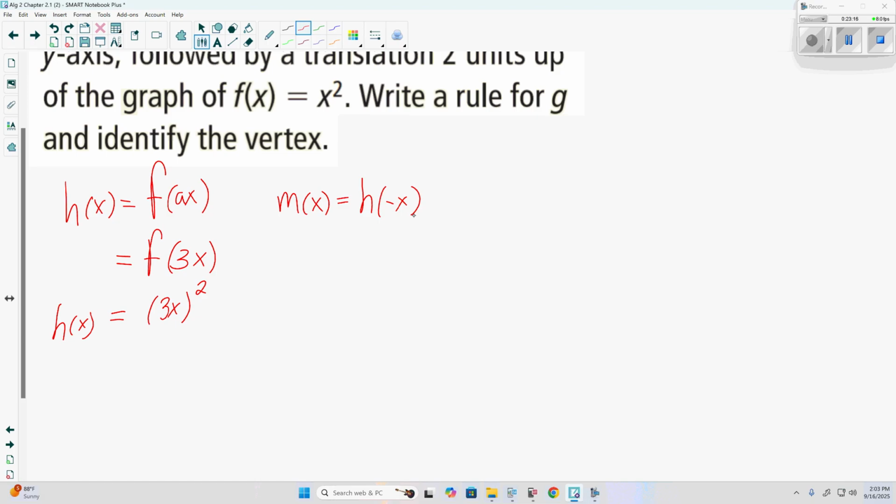We still have the parentheses, we still have the 3, but x is now negative x. Now we multiply the 3 and negative x, which is negative 3x, squared.